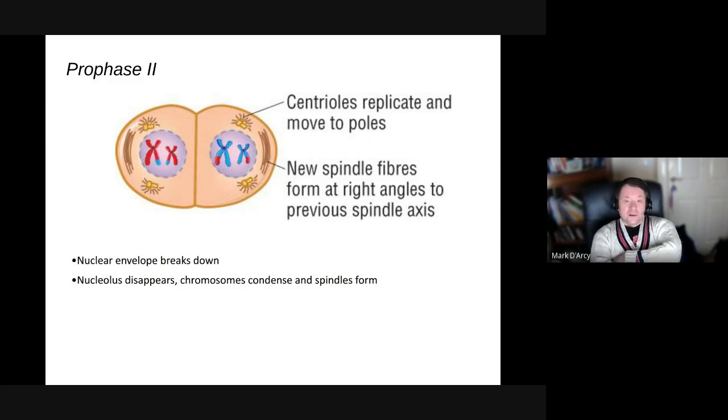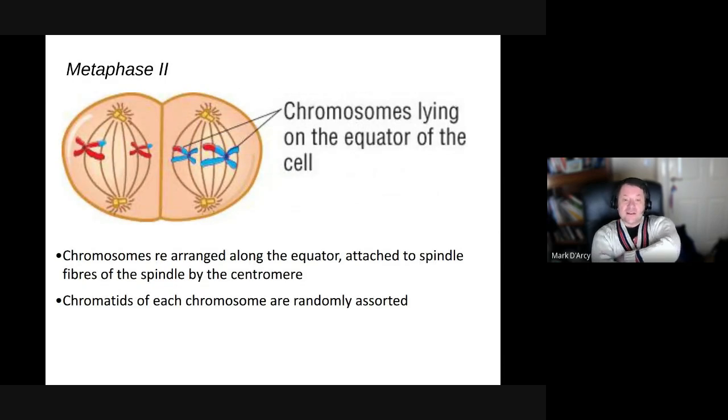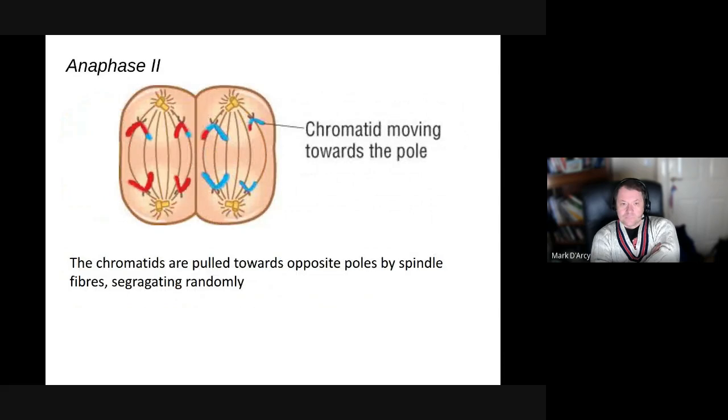Prophase 2. First, the centrioles need to replicate because you only have one in each cell, and move to opposite poles of the cell. New spindle fibers form, the chromosomes condense, the nuclear membranes break apart. Metaphase 2. The spindle fibers line up the chromosomes at the equator of each cell. Anaphase 2.